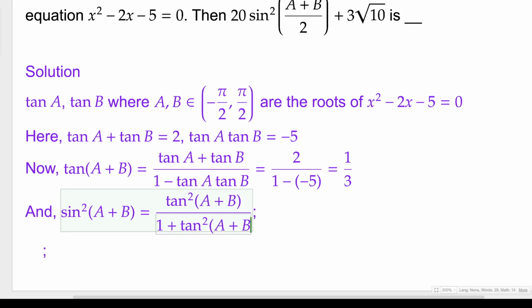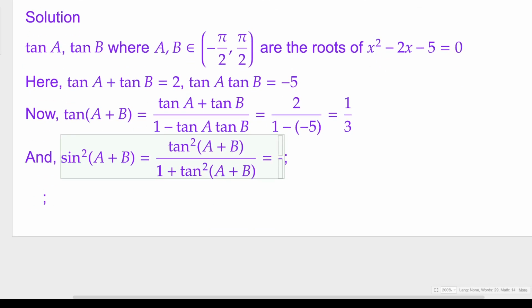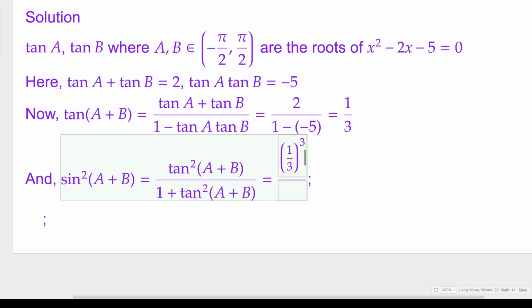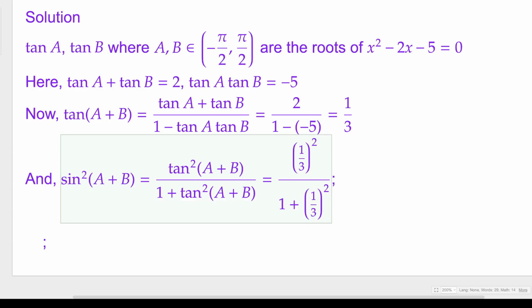Now I'll plug in the values. The tan is already 1/3, so the numerator is the square of 1/3, and the denominator is 1 plus the square of 1/3, not cube. On resolving this expression, I get 1 over 10.